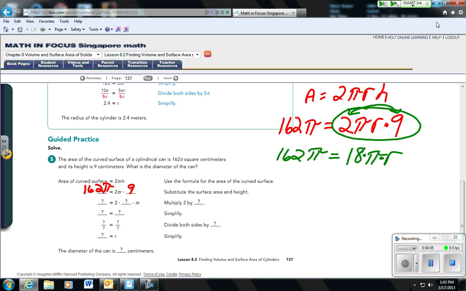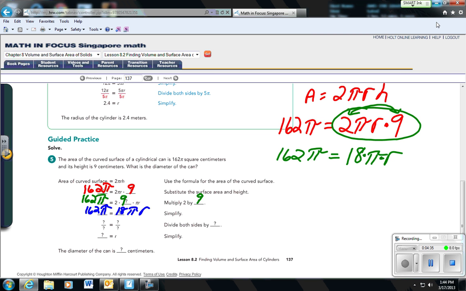And that's what we would write down here. Multiply 2 by 9, and we'd have the 162 pi equals 2 times 9 times pi times r. And after we do that, we would have 162 pi equals 18 pi r.